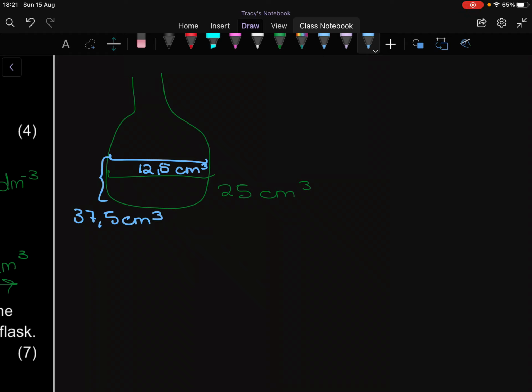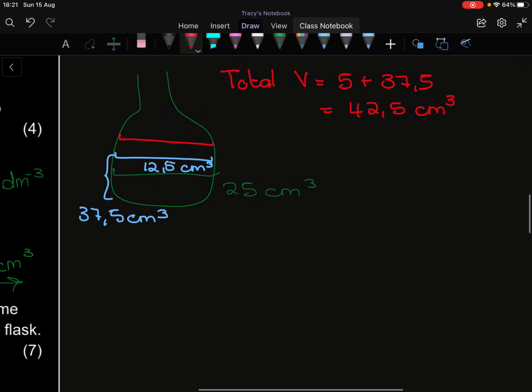But I overshoot it by 5. That means I've actually got another 5 centimeters cubed in here. That means my total volume that I'm concerned with is actually going to be the 5 plus the 37.5, which is 42.5 centimeters cubed.